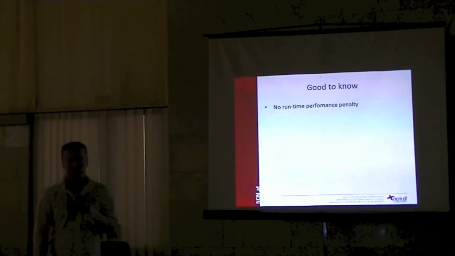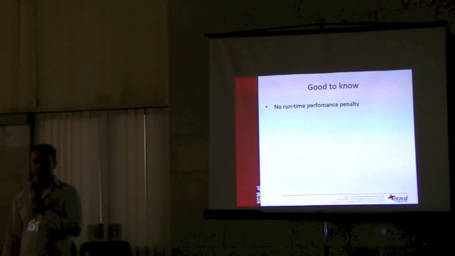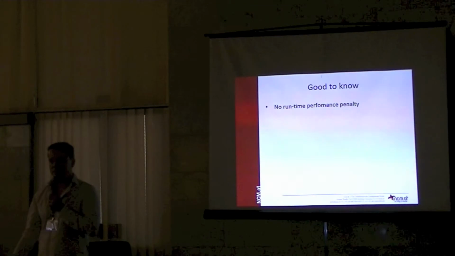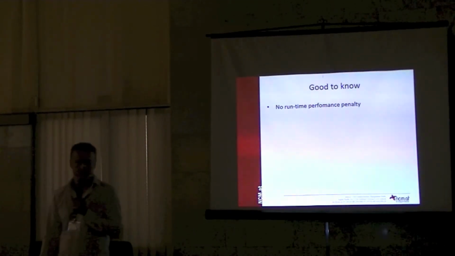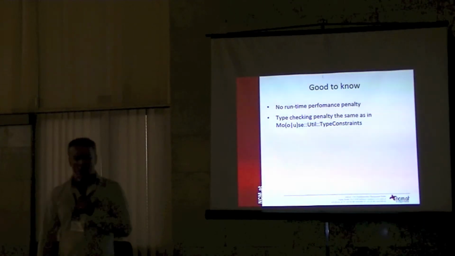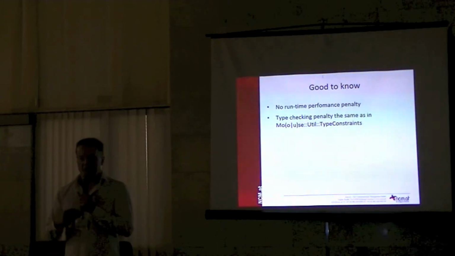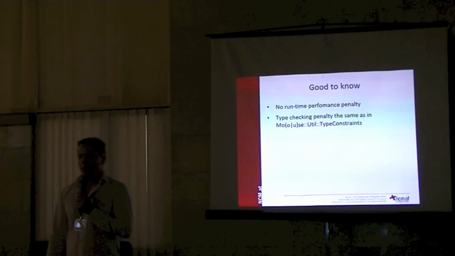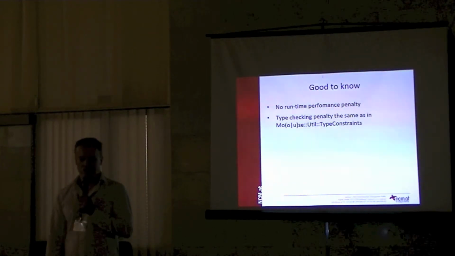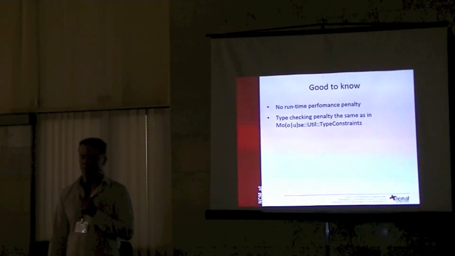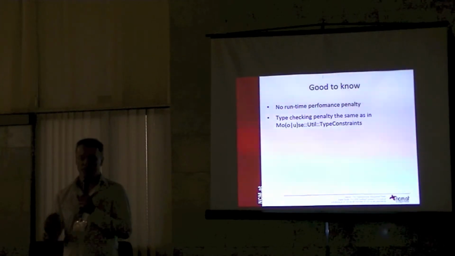Second, you don't really get a runtime performance penalty, except for the validation checking, like if you would do it by yourself. And when you do the type checking, it's the same as if you use Moose type constraints.